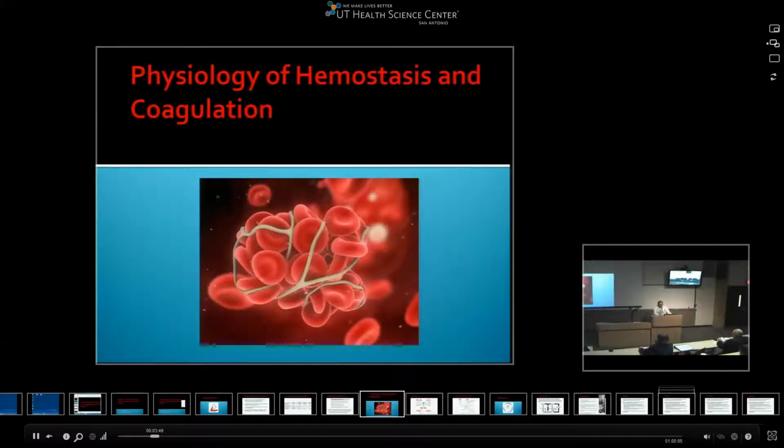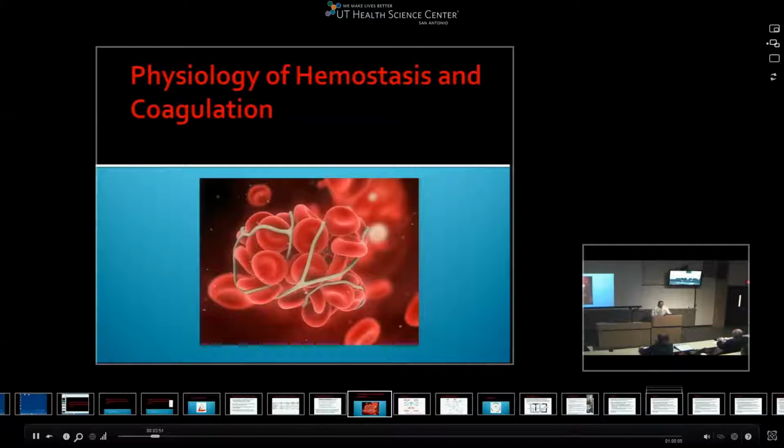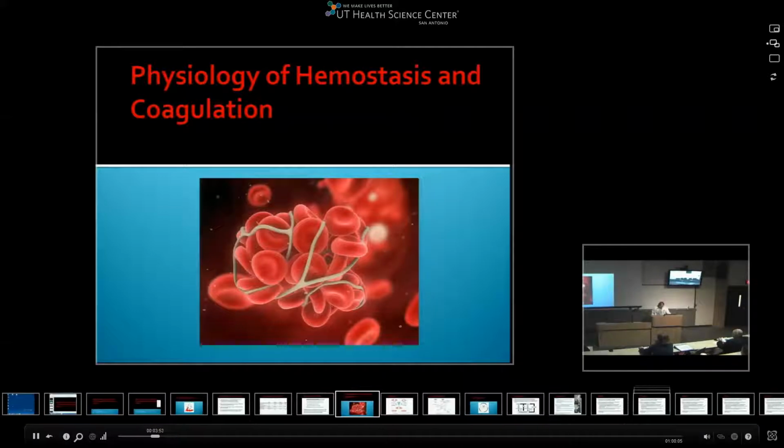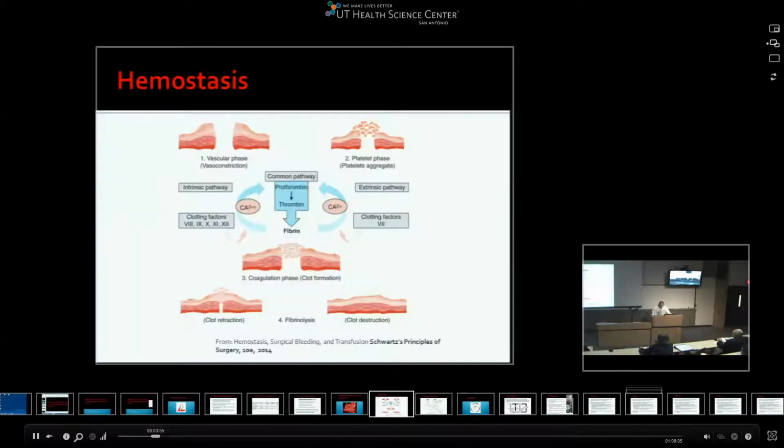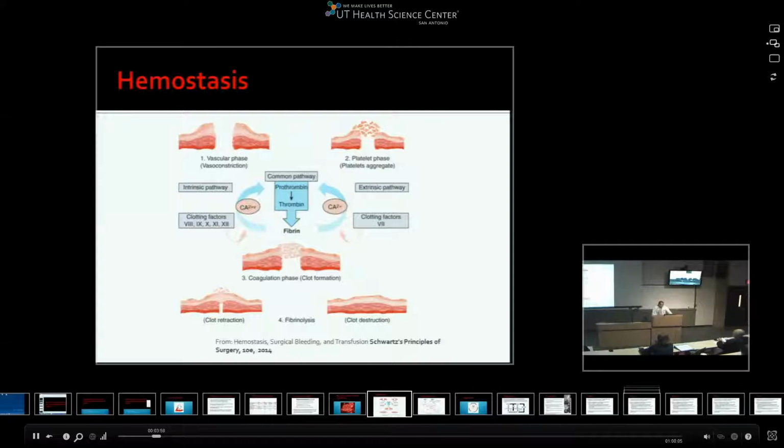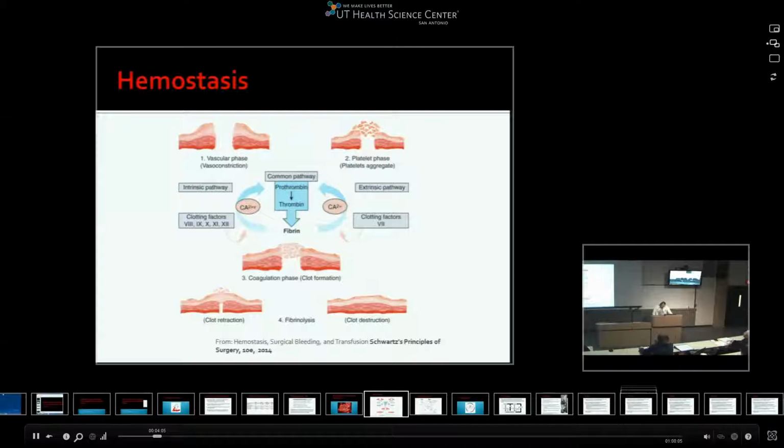But before that, I'm going to just briefly review the physiology of hemostasis and coagulation. In hemostasis, there are 4 major physiological events occurring: vasoconstriction, platelet aggregation, coagulation phase, and fibrinolysis. All these occur in order but are interrelated to each other.